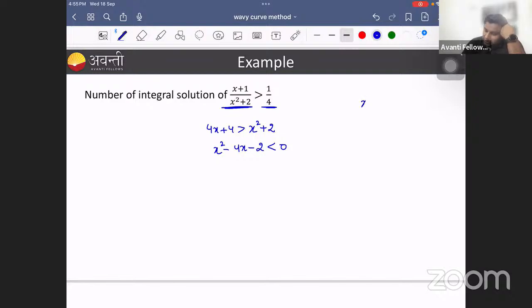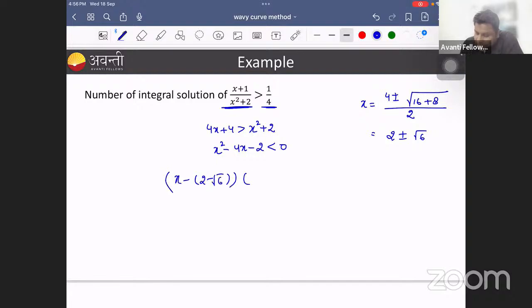So we have to calculate the roots manually. That is 4 plus minus under root of 16 plus 8, upon 2. So that is 2 plus minus root 6. So now it is x minus 2 minus root 6 and x minus 2 plus root 6 less than 0.